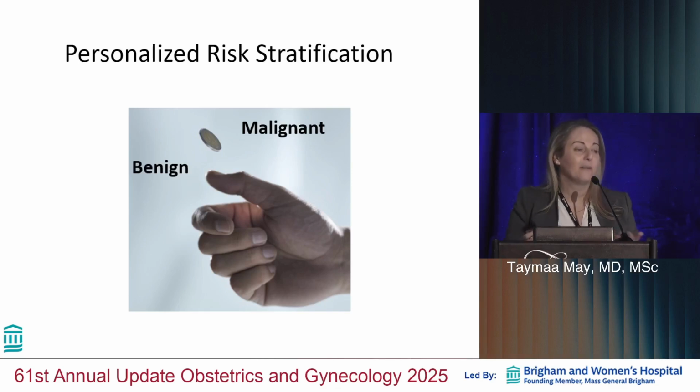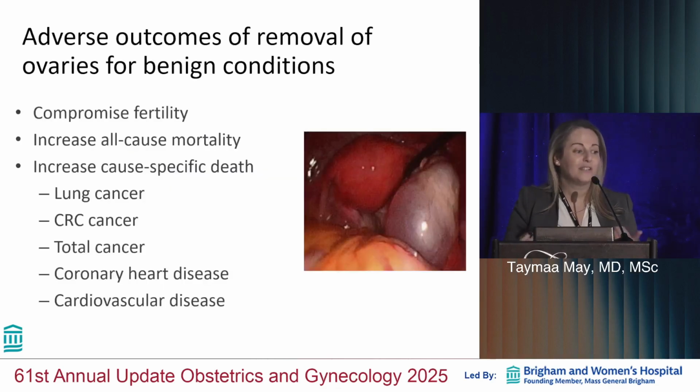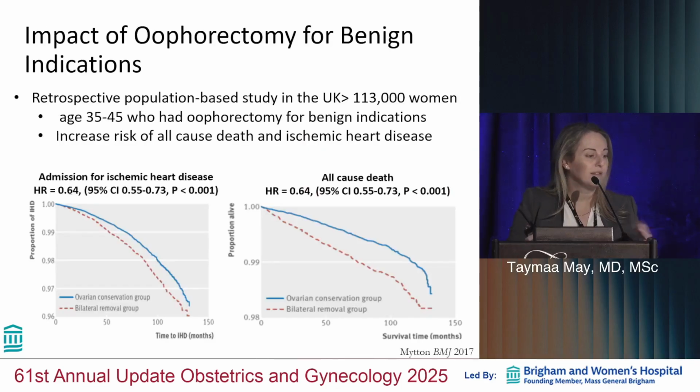we saw. But if it's benign, there's sufficient data that we should limit how many benign ovaries we remove. So there are adverse outcomes if we remove ovaries that are non-malignant. It compromises fertility, increases all-cause mortality, increases cause-specific death, including lung cancer, colorectal tumors, total cancer, coronary heart disease, cardiovascular disease.